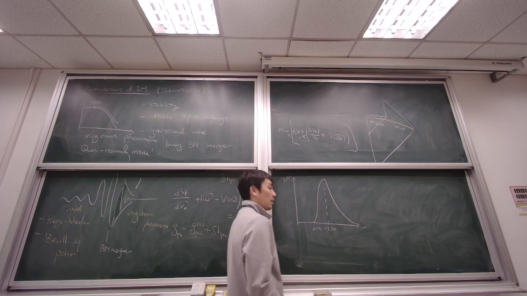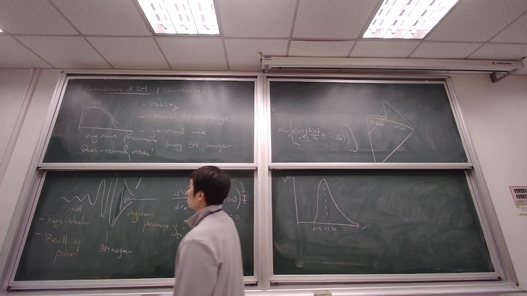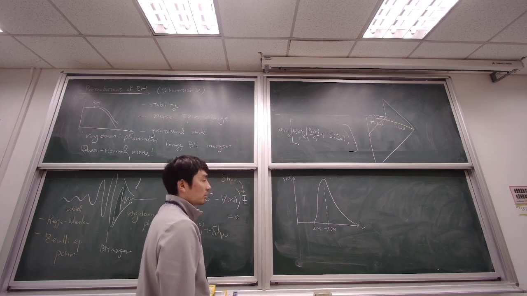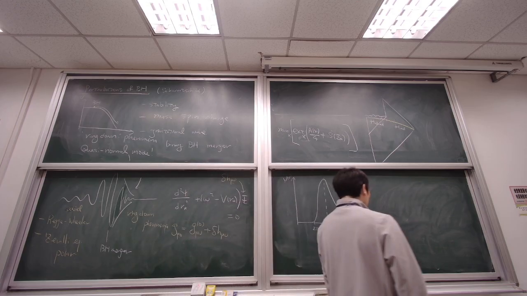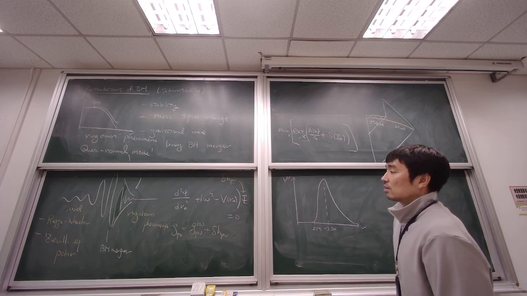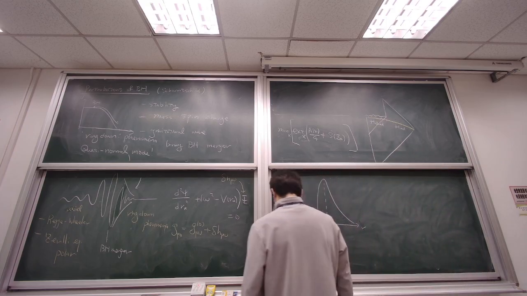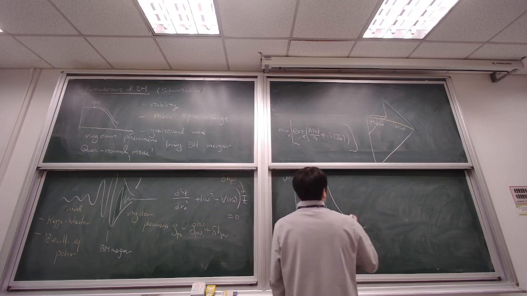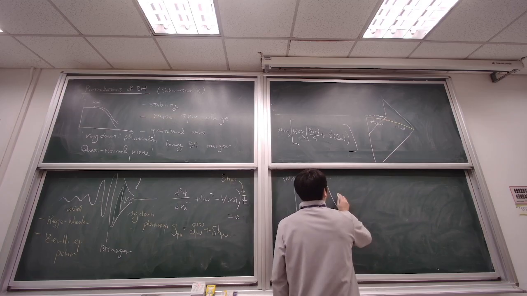This is called the Regge-Wheeler potential, and then psi will somehow obey this equation, and there is an ingoing mode and an outgoing mode.